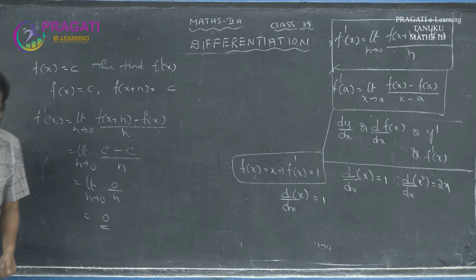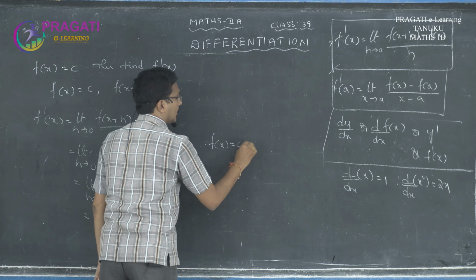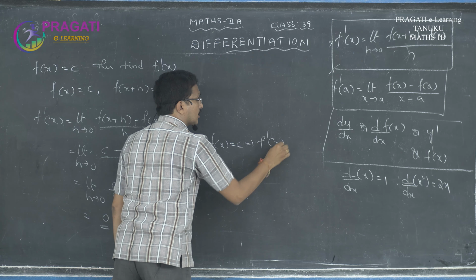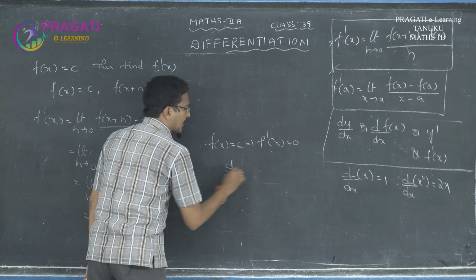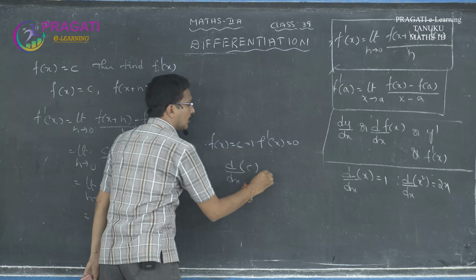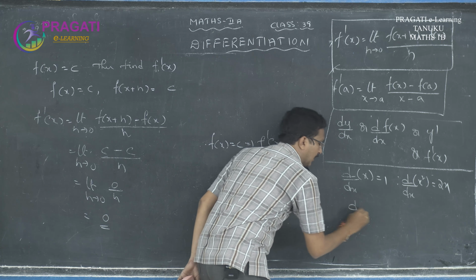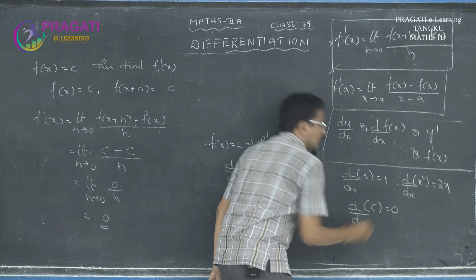So here f of x equal to c, then f dash of x is equal to 0. That is d by dx of c, the function is taken as c, is equal to 0. That means d by dx of c equal to 0.